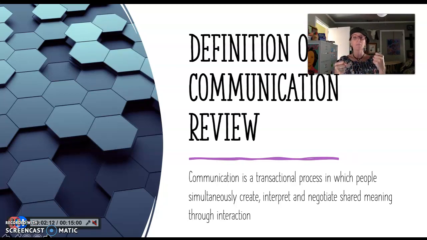Transaction, process, in which people simultaneously, so this thing is happening at the same time, are creating, interpreting, negotiating shared meaning through interaction. Okay, it's happening at the same time. I love that word simultaneous, right? Simultaneous, happening at the same time. How's that even possible?